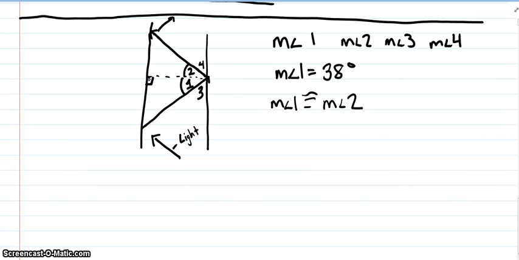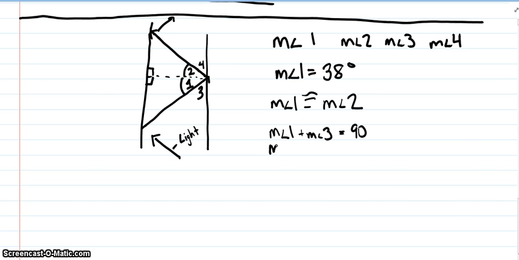What else do we know? Well, look at this. This is a complementary angle. This is 90 degrees. And so the measure of angle 1 plus the measure of angle 3 is going to equal 90. The same will go on the other side, because this is a straight line even though I poorly drew it. So if one side's 90, the other side has to be 90.